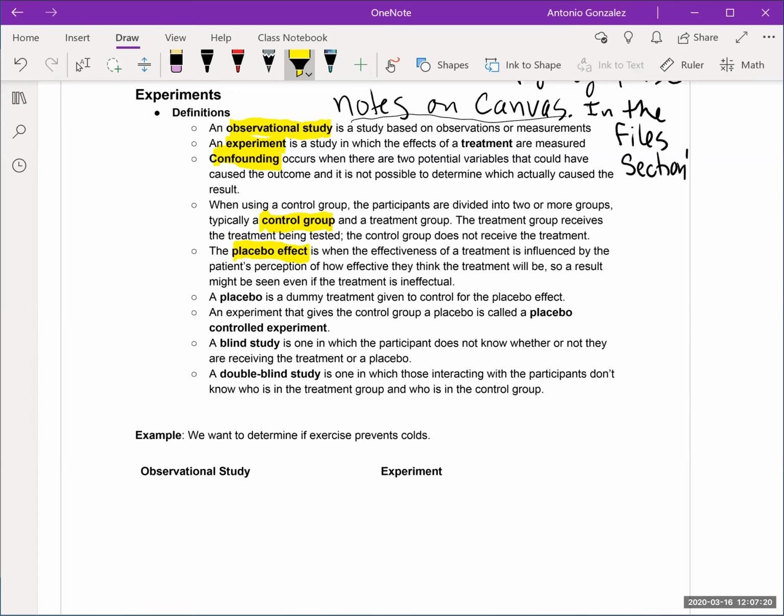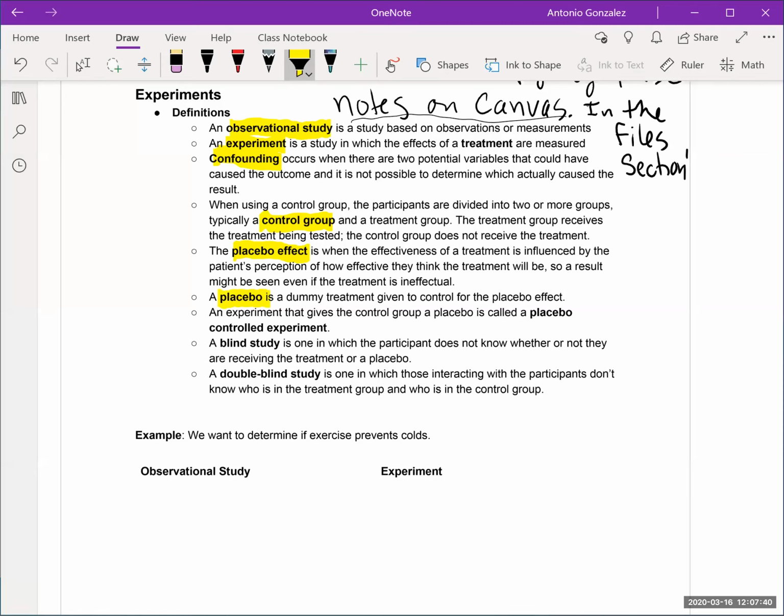So that's the reason for these control groups. You want to make sure that the medicine actually is doing what it's supposed to do. Again, a placebo is a dummy treatment to control for the placebo effect.